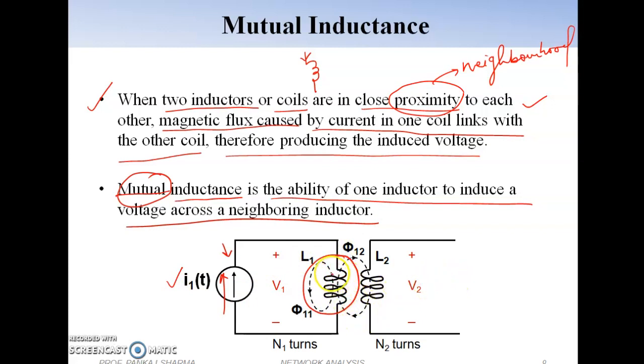And this is the setting up of flux. This is flux created by one and coming to its own inductor L1. A part of this flux is also associated with, cutting, or relating to the neighboring inductor L2.